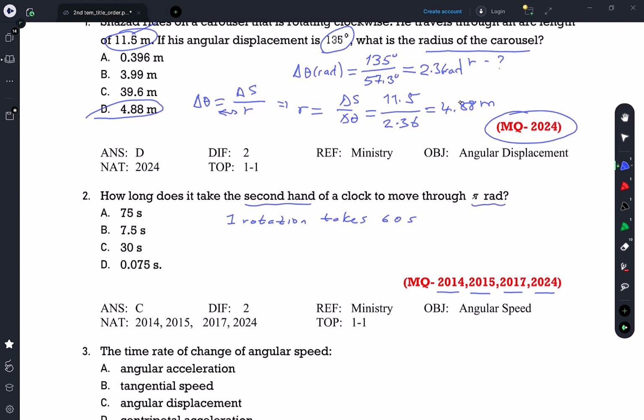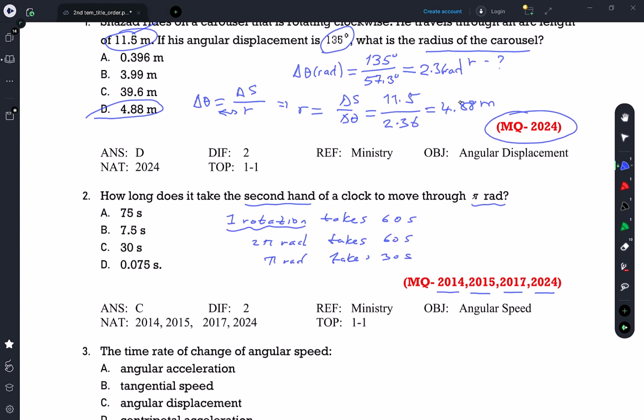Because the given is in radian, I have to write 1 rotation in terms of radian, which is 2 pi radian, takes 60 seconds. Pi radian takes, it's so easy. If 2 pi radian takes 60 seconds, pi radian takes 30 seconds.